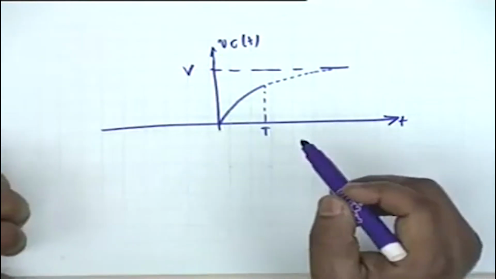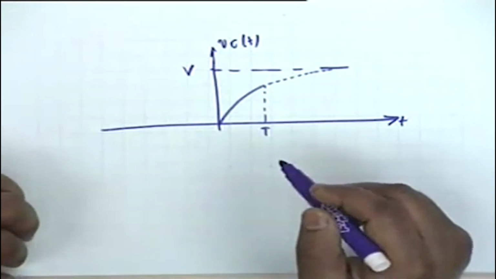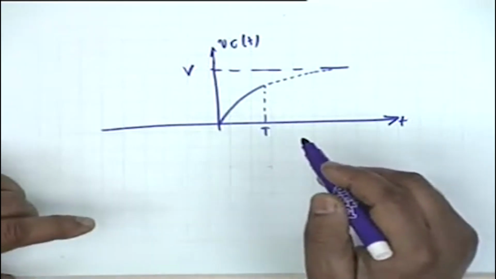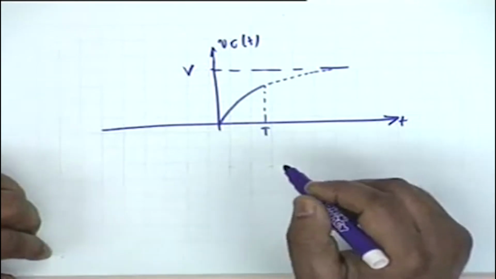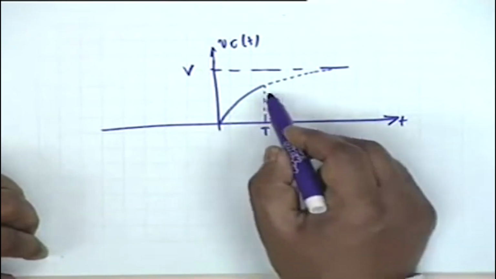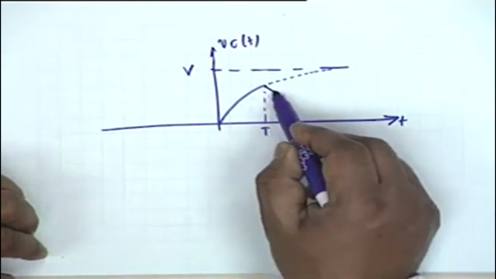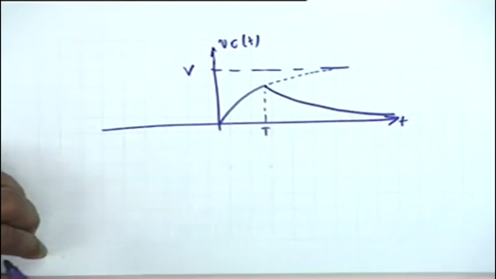It is joined by another term which is negative, but it starts from 0 and then goes negative, goes to minus V, and therefore what will happen to the capacitor voltage? It will gradually decrease and go to 0 at t equal to infinity. So this will be the capacitor voltage.